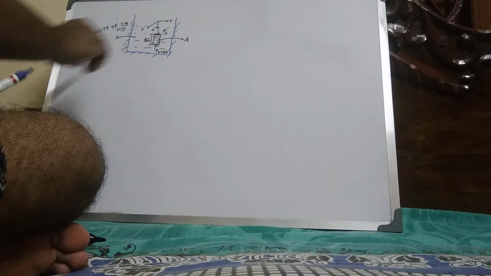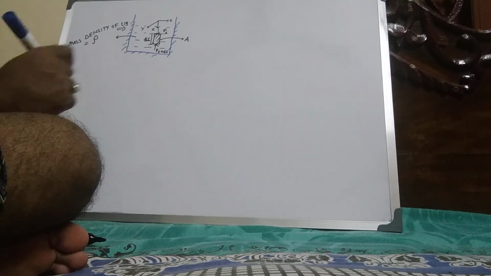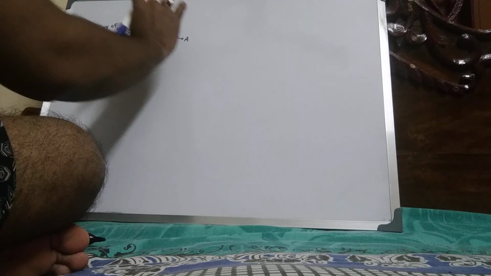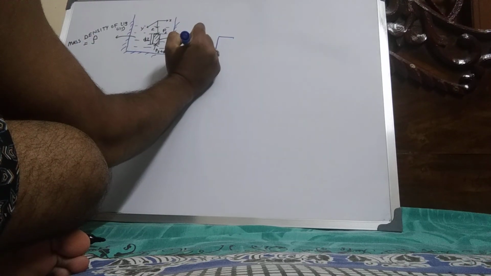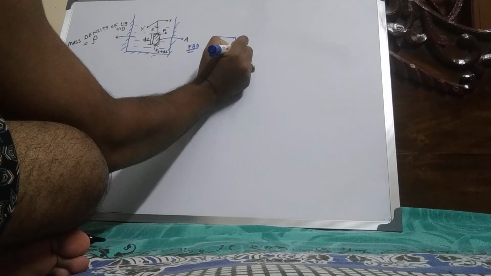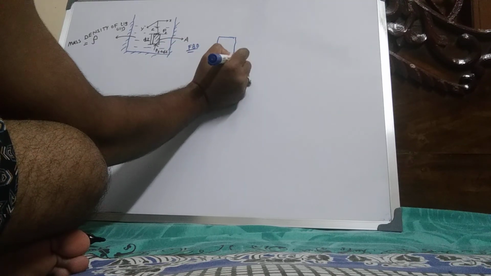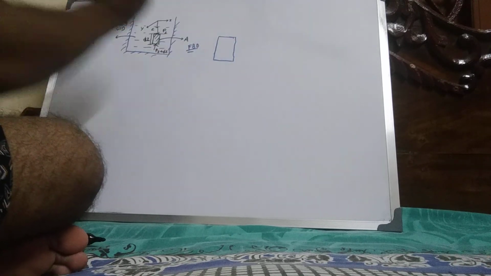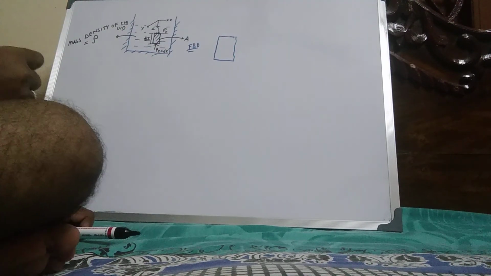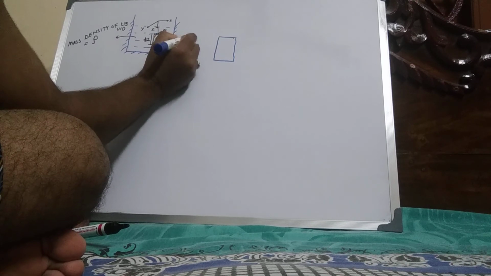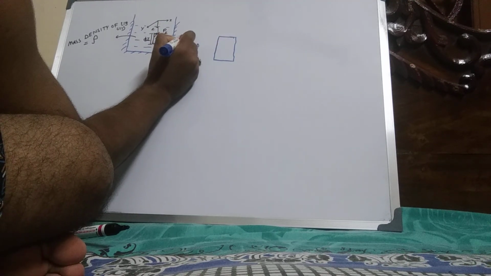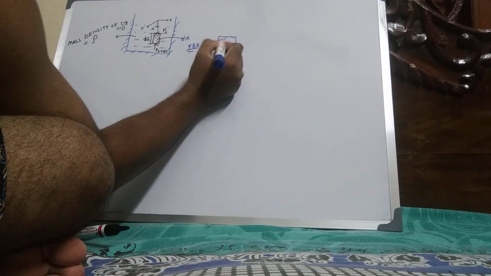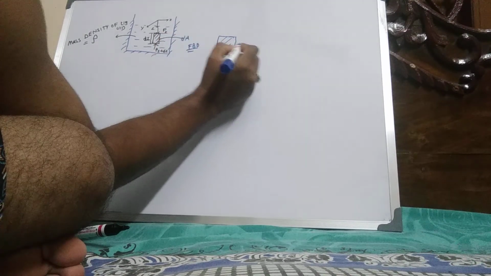Now draw the free body diagram of these elements. This is the cross-sectional area dA of the small element.